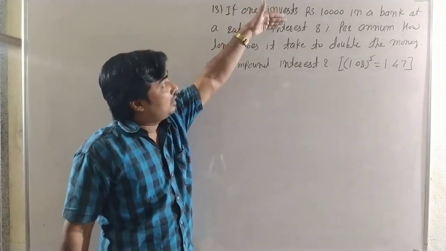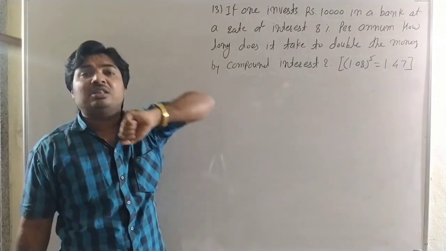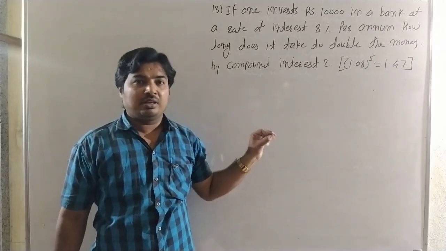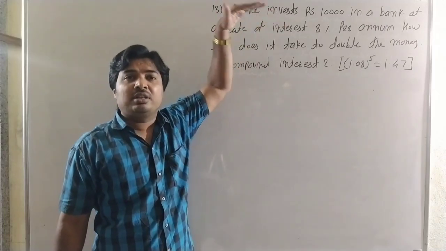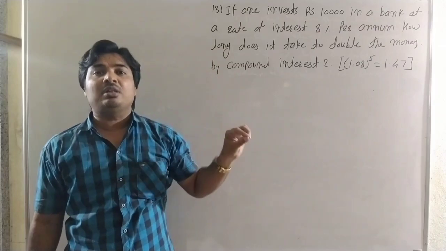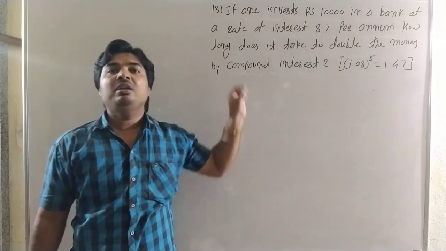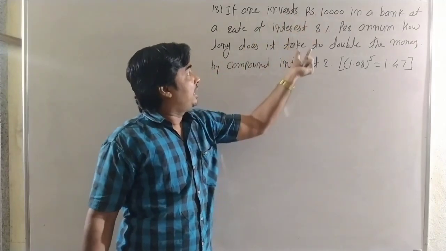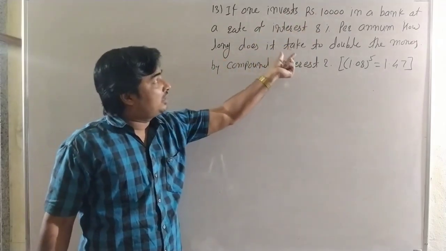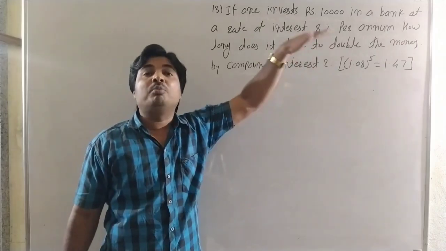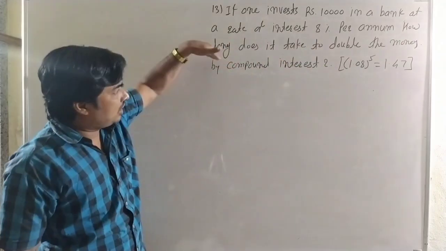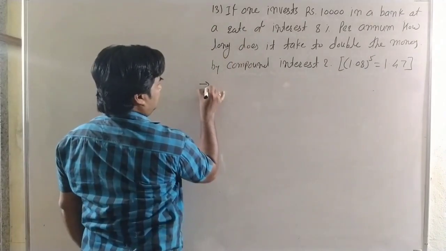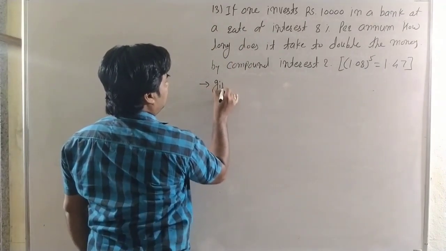That means our principal amount is 10,000 and the rate of interest is 8%. Our amount 10,000 will be 20,000 in how many years, by using compound interest.